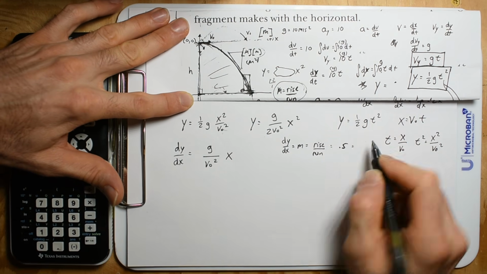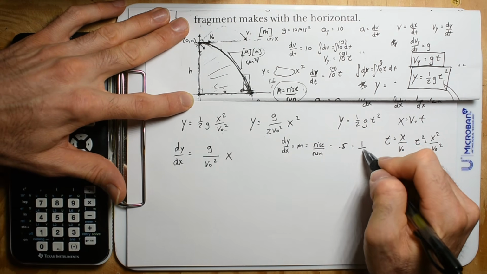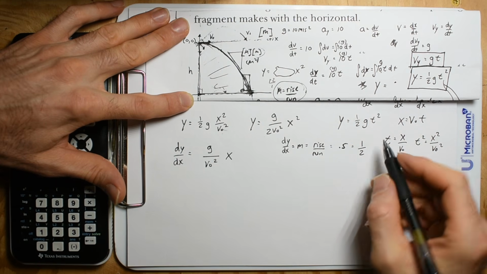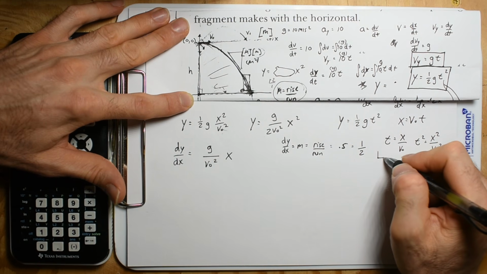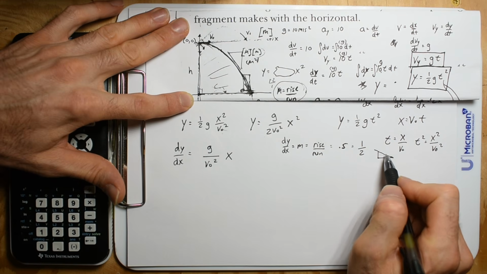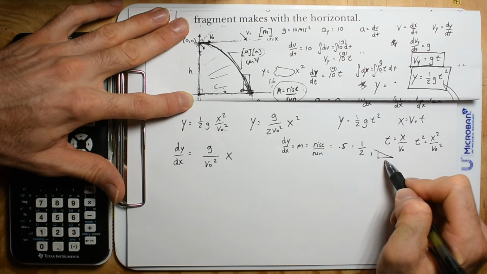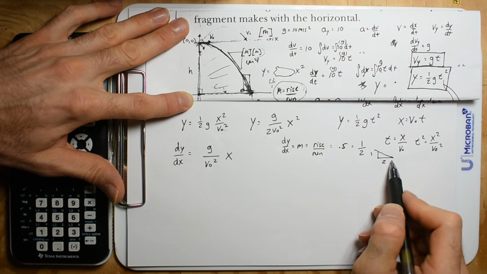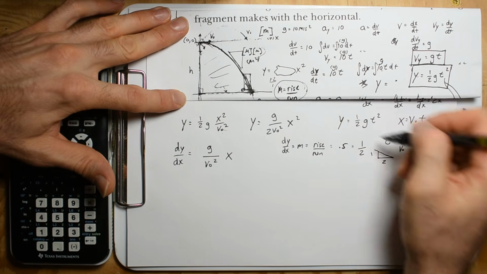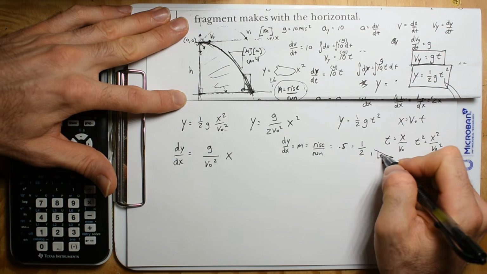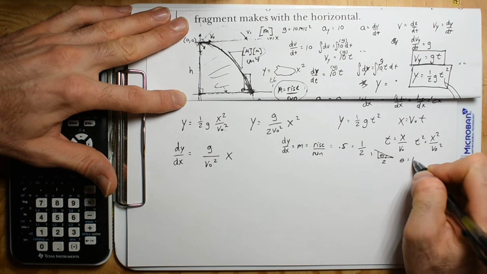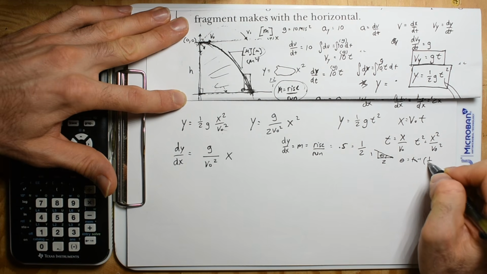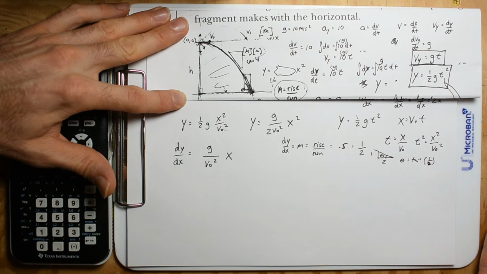Well, turn this fraction into 1 over 2, and then we can see that we're going to go down 1 over 2. So maybe we have a shallow slope like that, and down is our positive direction. But then from there you could find the angle. Again, angle is just going to be inverse tangent of 1 divided by 2. End of problem.